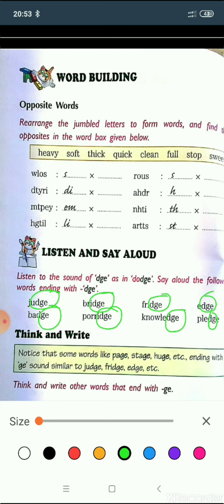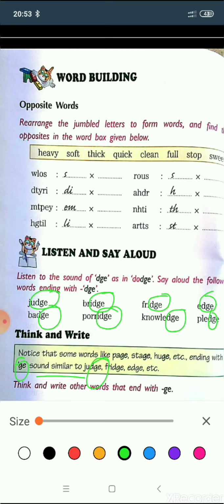Notice that some words like page, stage, huge, etc. end with GE. And they sound similar to DGE, because the D is silent. D is written but its sound will not be used.